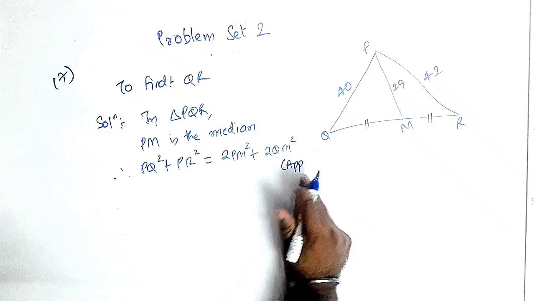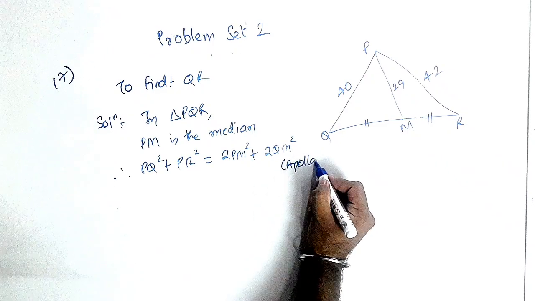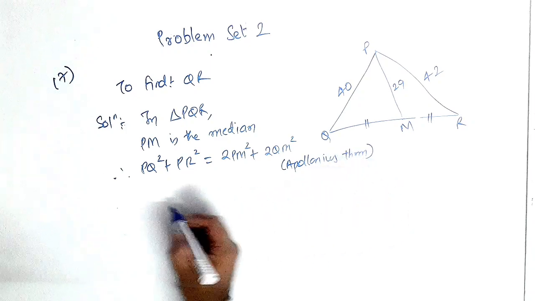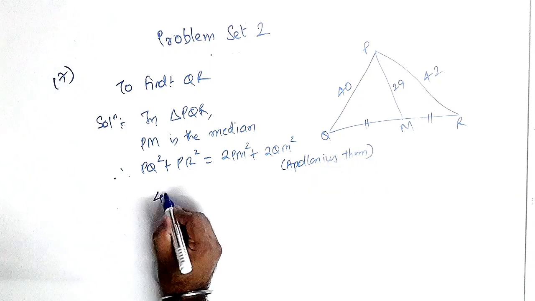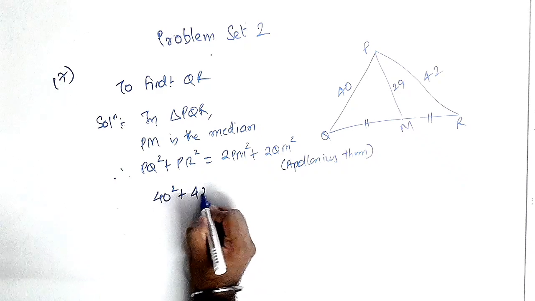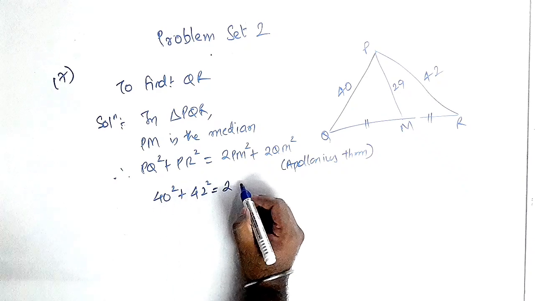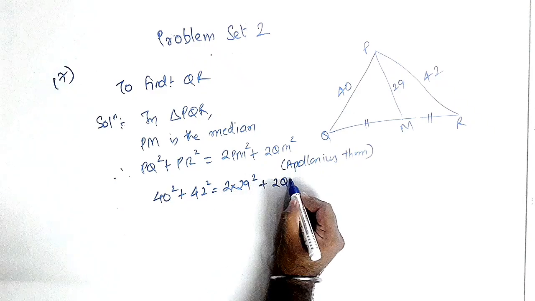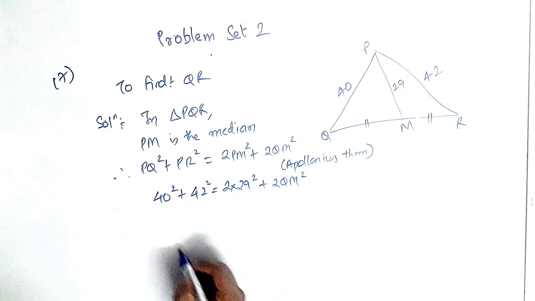Okay, you can write here Apollonius theorem. Okay, pq square, this is 40 square plus pr square is 42 square, 2pm square is 2 into 29 square plus 2qm square we have to find.